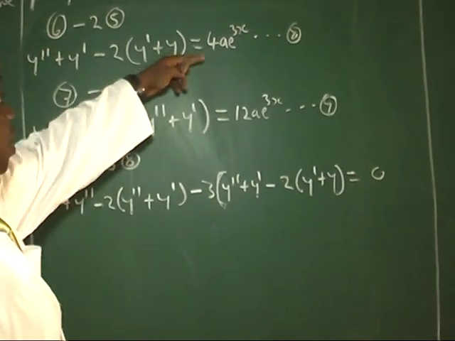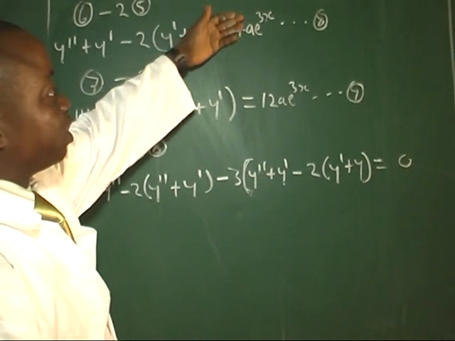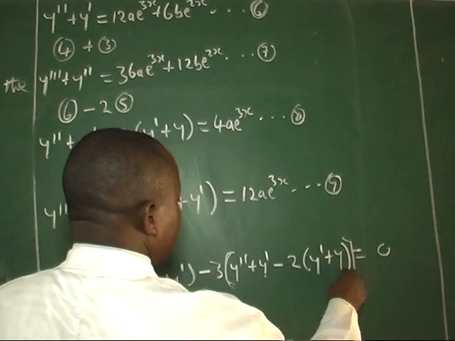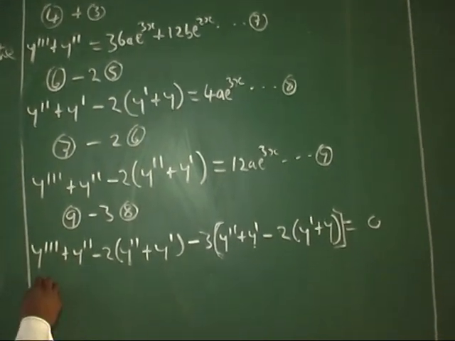That is because 3 times this minus 3 times this will give minus 12, so everything becomes 0.